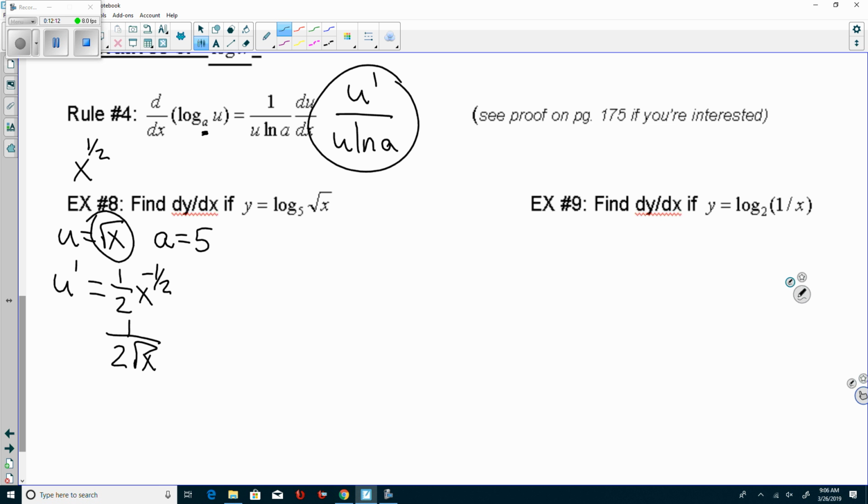So then, first we'll follow the formal book definition: 1 over root x ln 5 times 1 over 2 root x.